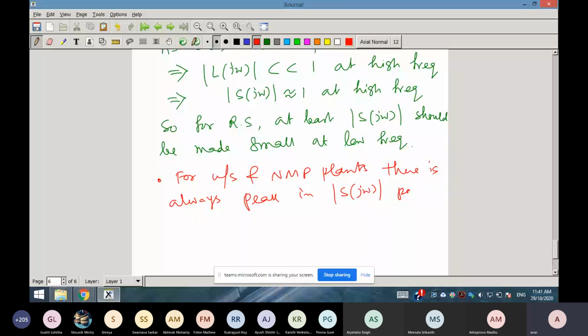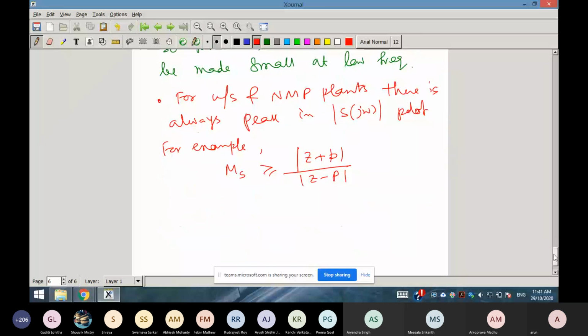For example, Ms will be greater than or equal to the modulus of (z plus p) divided by (z minus p), where z and p are the unstable zero and pole locations of the plant, a non-minimum phase unstable plant.